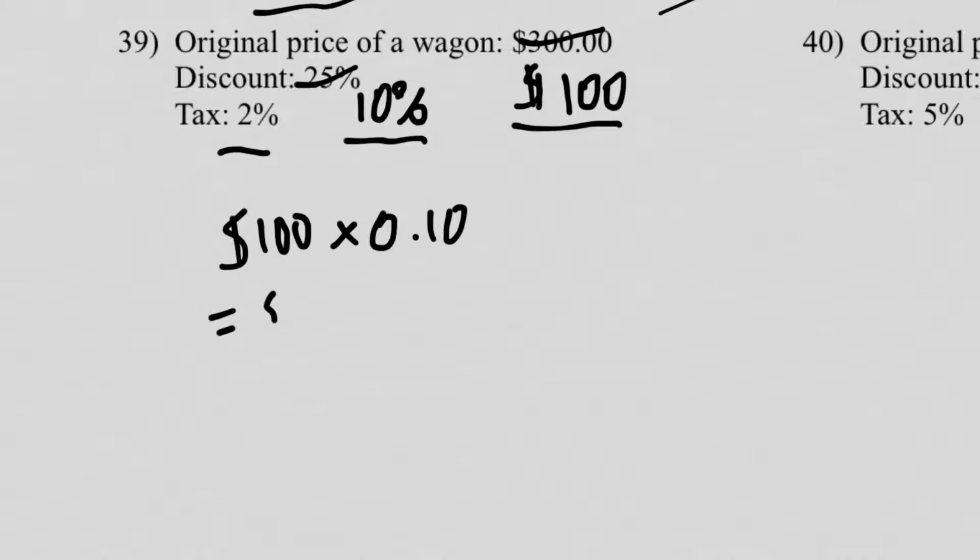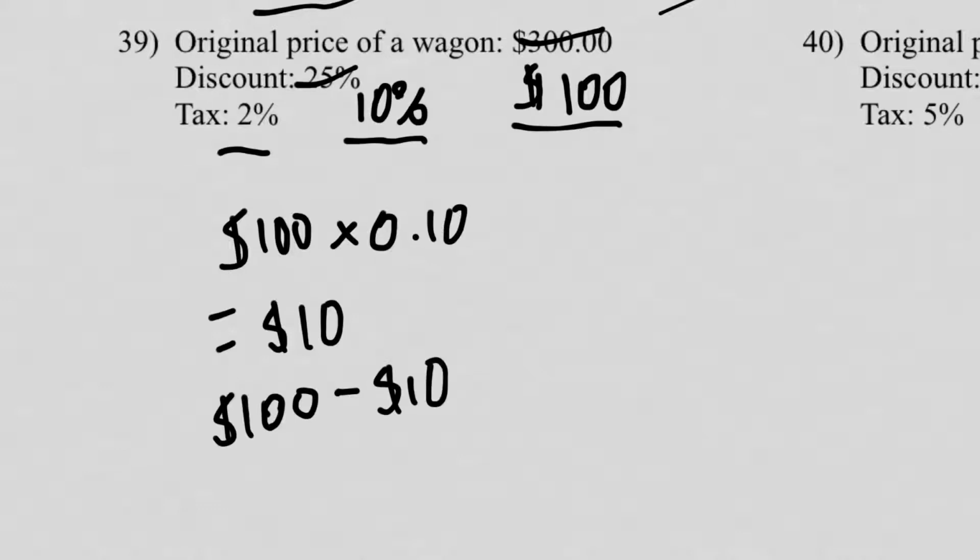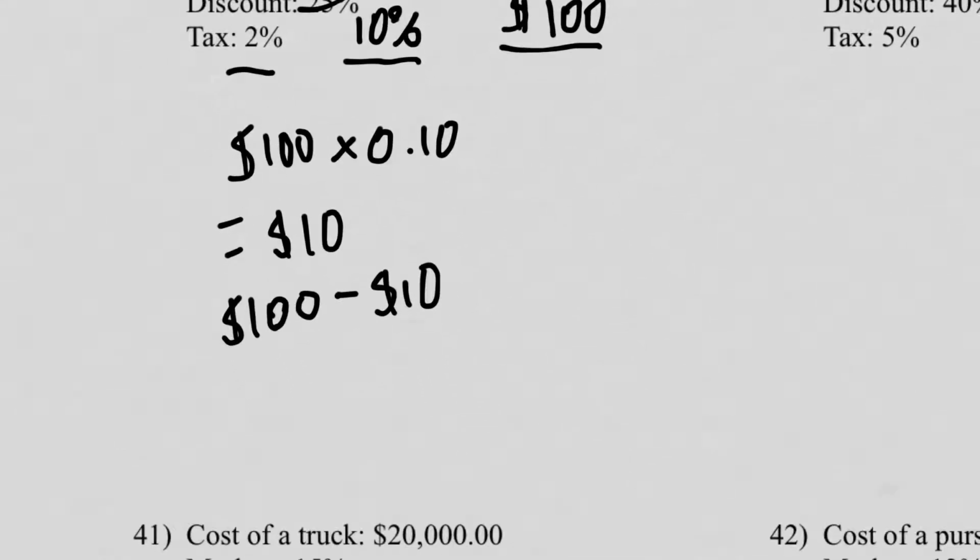And so that means we are going to get $10 as a discount. So we take the $100, and we're subtracting this time instead of adding tax on, right? And so the new product result is going to be $90.